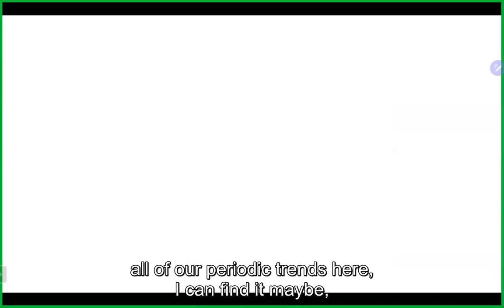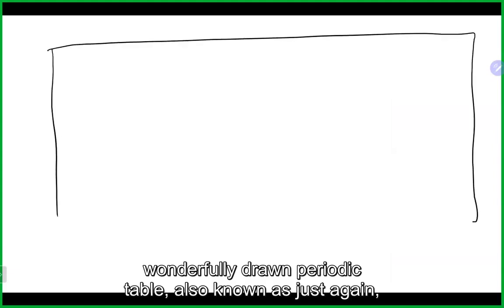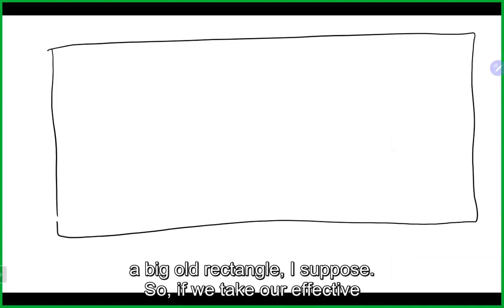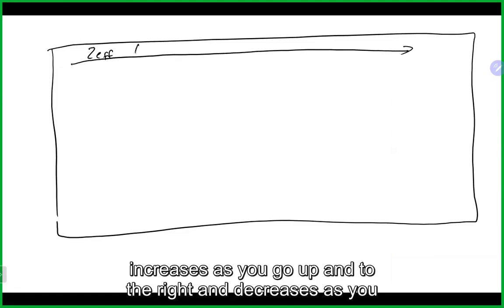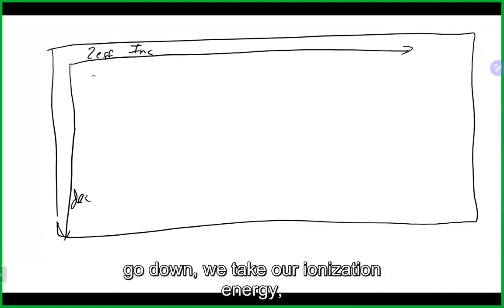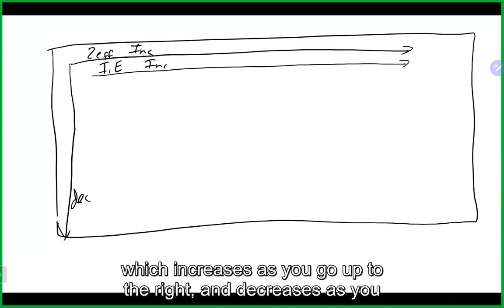Now, if we put together all of our periodic trends here, in a wonderfully drawn periodic table, also known as just, again, a big old rectangle, I suppose. So if we take our effective nuclear charge, which increases as you go up and to the right and decreases as you go down. We take our ionization energy, which increases as you go up to the right and decreases as you go down.